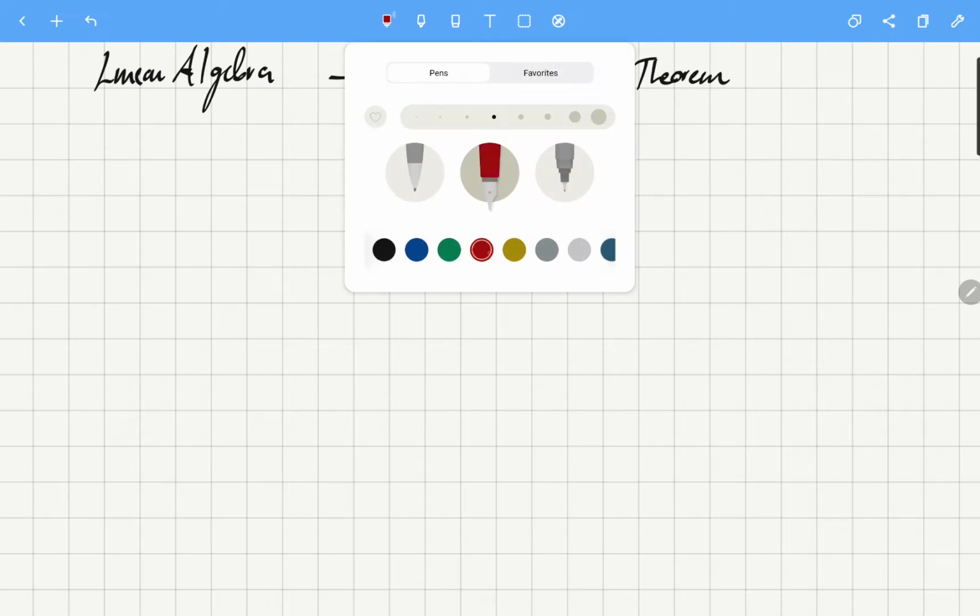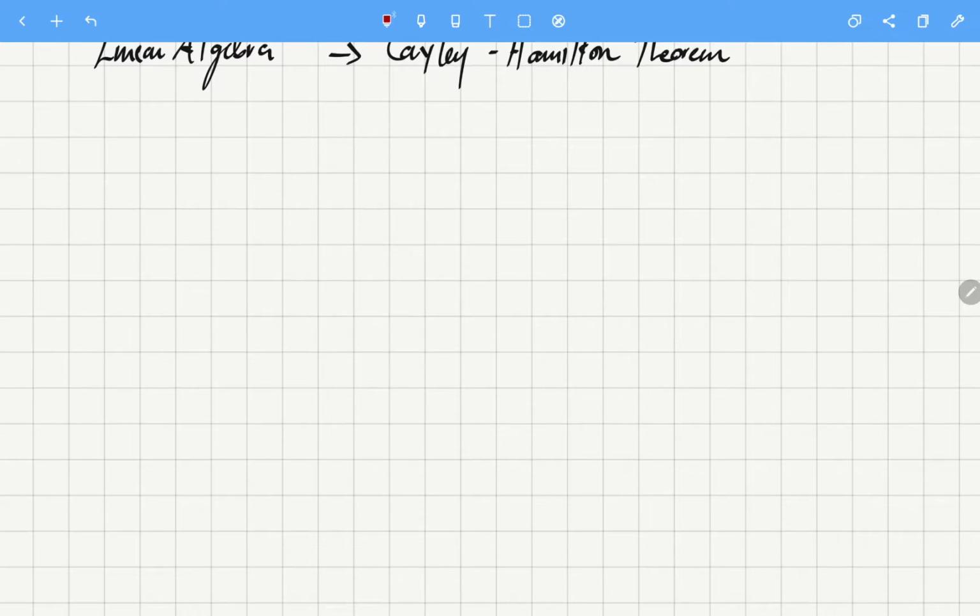So, what is the Cayley-Hamilton theorem?